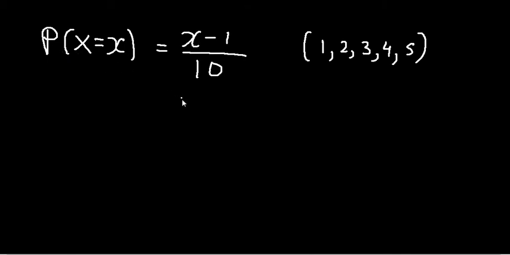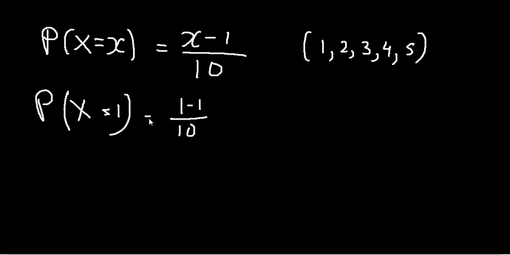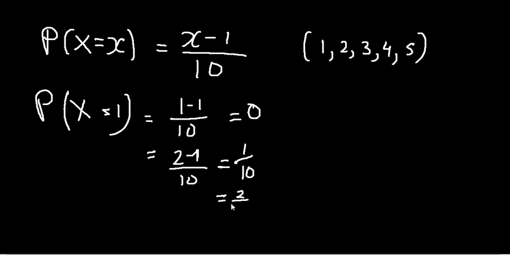So if I said, now what's the probability of getting a 1, I substitute 1 for x. I get a probability of 0, because 1 minus 1 is 0, and 0 divided by 10 is still 0. I do the same for 2. I ought to get a tenth. If I did it for the rest, I would get a tenth, 2 tenths, 3 tenths, and 4 tenths for 5.